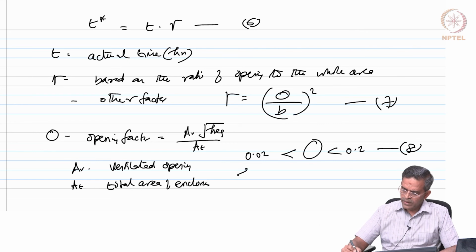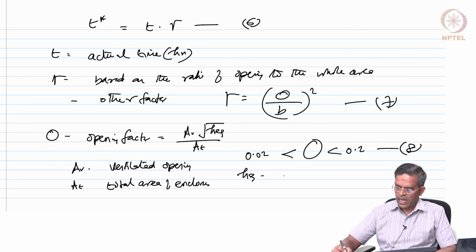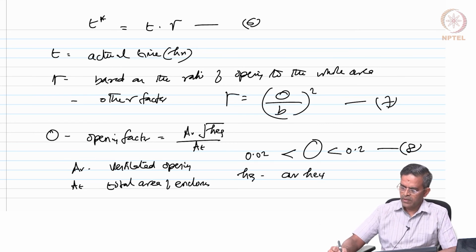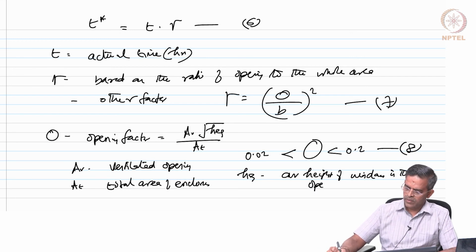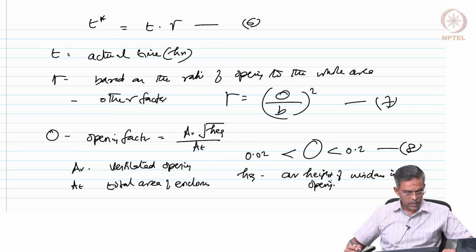H equivalent is the average height of windows in the openings.